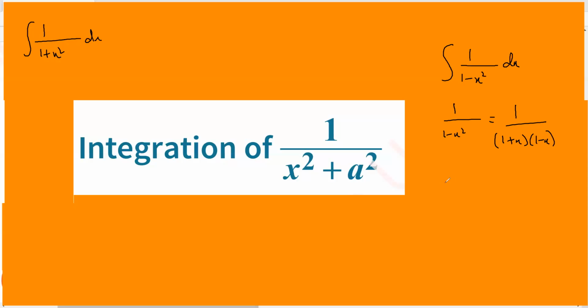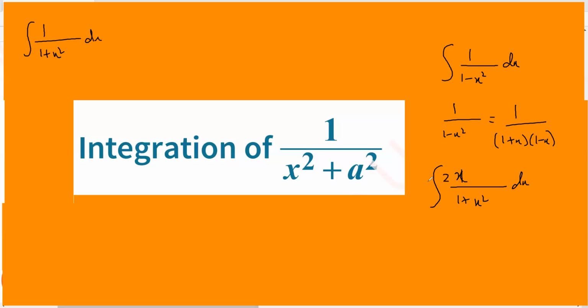Okay? Secondly, you can have 1 over 1 plus x square, and then suppose you have x over here, like let's say this is x over 1 plus x square dx. Now, this is a case where 1 plus x square can be differentiated, and its derivative can be obtained in the numerator here. 1 plus x square's derivative is 2x.